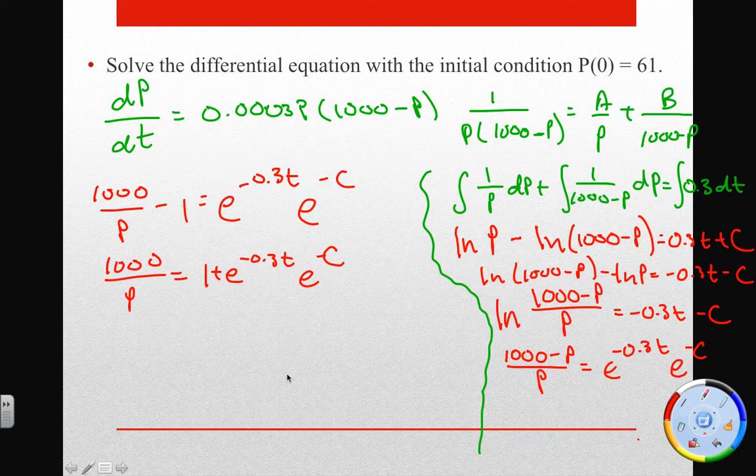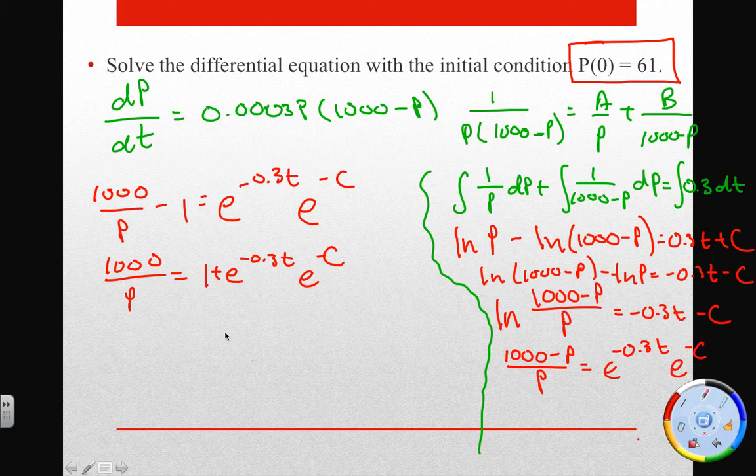And now we can use our initial condition. It took forever to get to this. Our initial condition is p of 0 is equal to 61. So when time is 0, the population is 61.